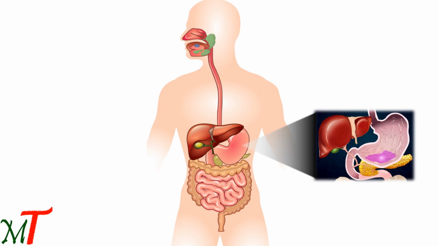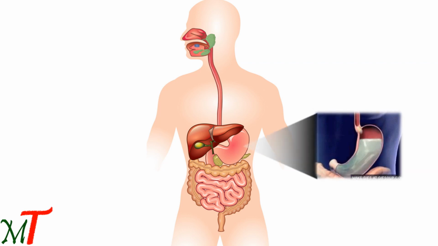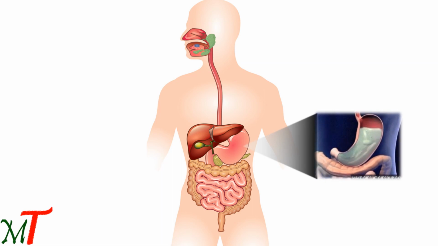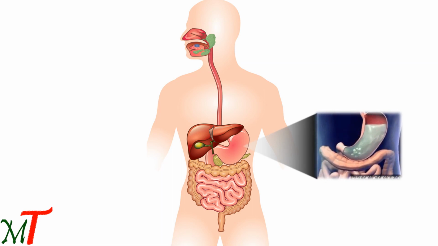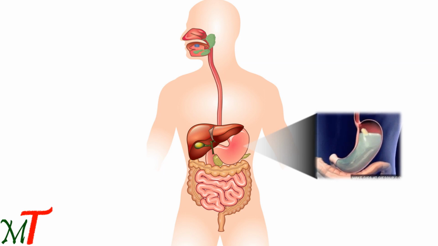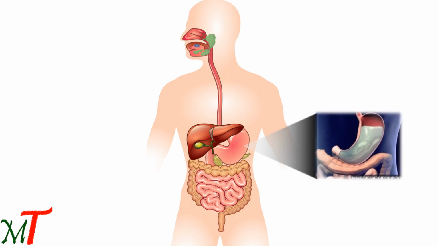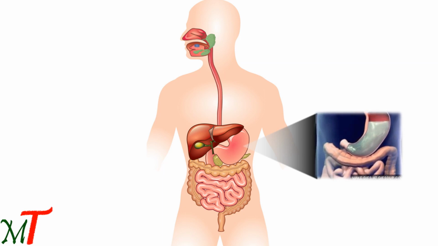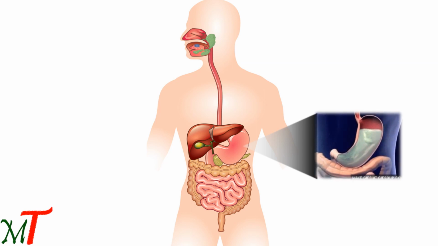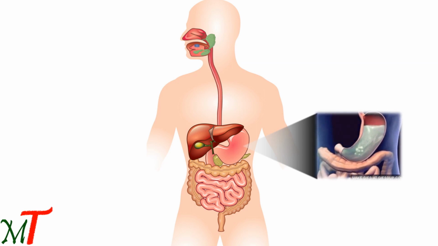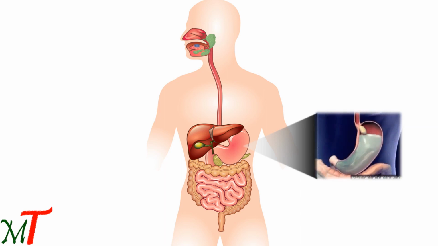This hydrochloric acid kills the harmful things in food and also makes the food easy to digest. Now here the complex food material joins the enzymes. They are divided into small food materials. These small food materials next enter the small intestine.